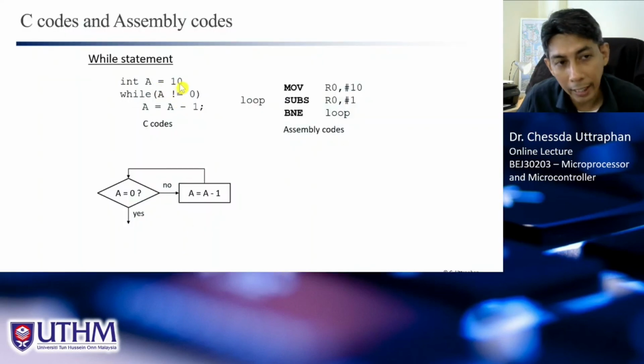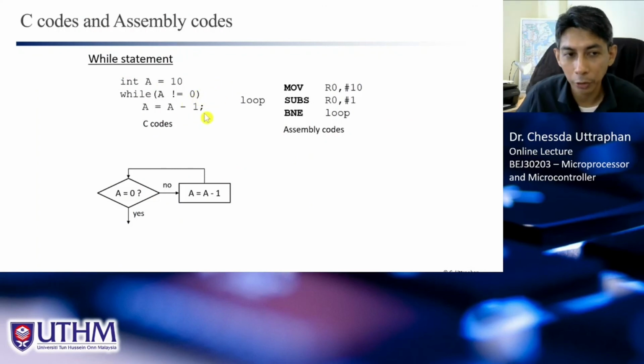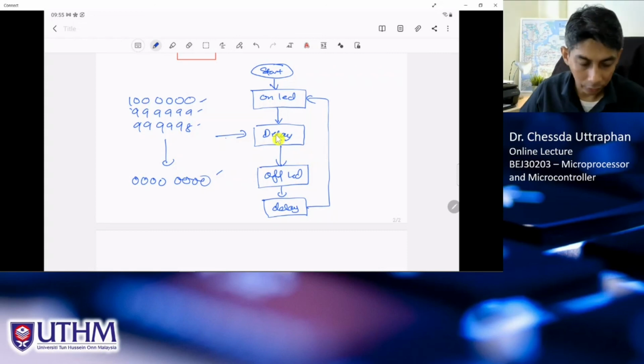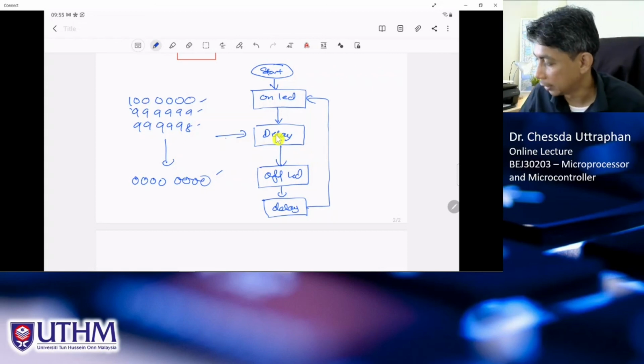So we can set A equal to 1 million, and if A is not equal to 0, we reduce by 1 until A equals 0, and we exit the loop. With that, we can have this delay. So that is the use of the while loop in programming.